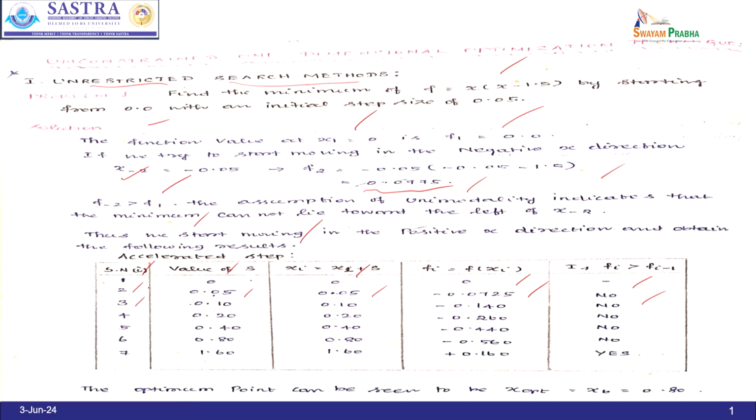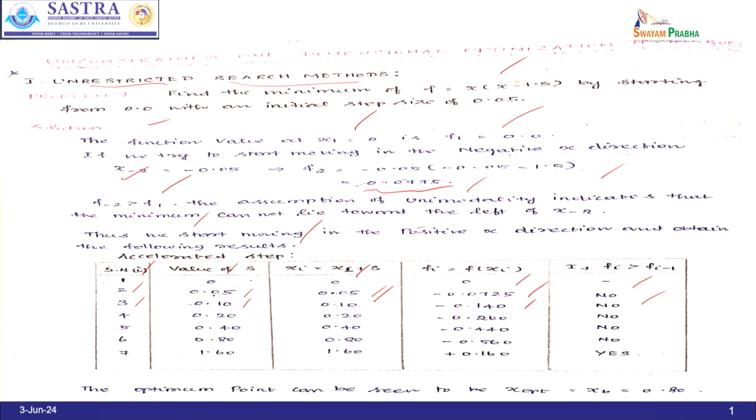Next you take the value of i = 3 and the value of s = 0.05 + 0.05 = 0.1, and x_{i+1} is 0.1, and f(xi) = -0.140.